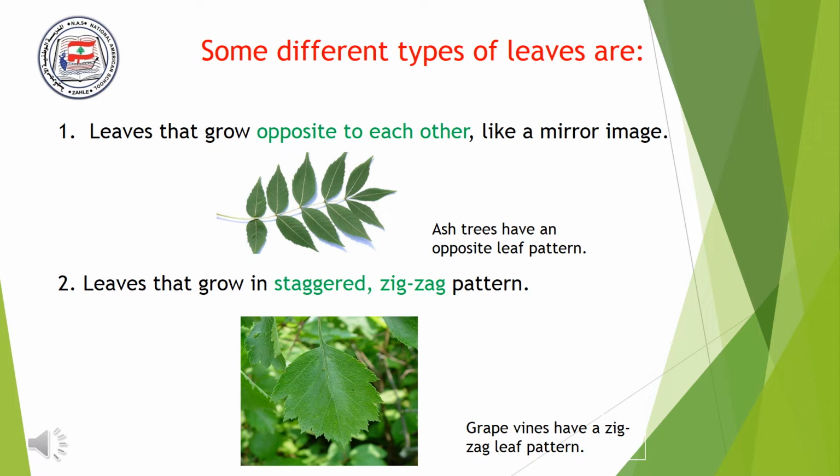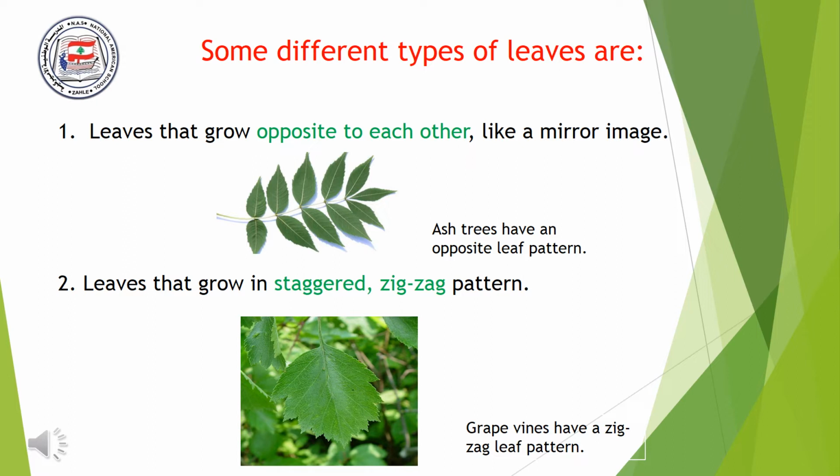Some different types of leaves are, number 1, leaves that grow opposite to each other, like a mirror image. So if you look at the picture below, you have the leaves of an ash tree. They have opposite leaf pattern, so the leaves from both sides look the same.